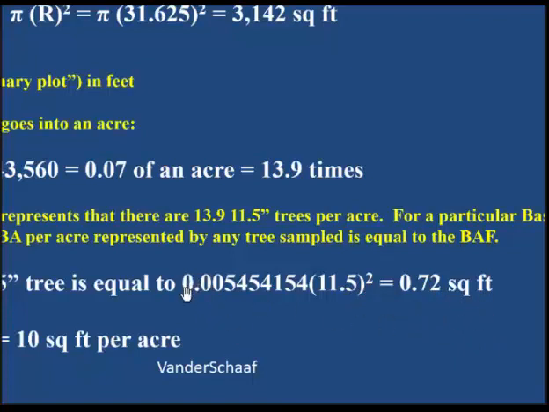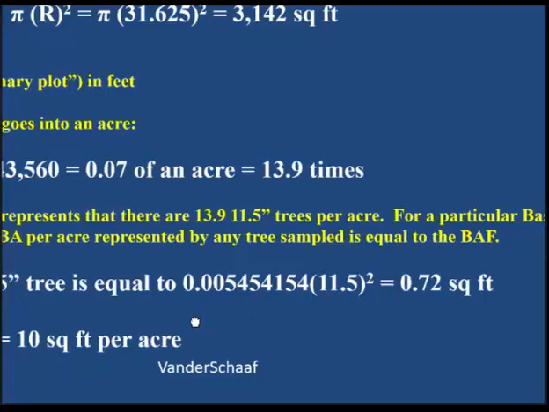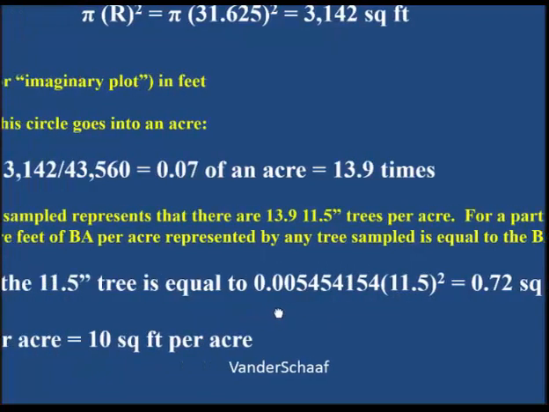Remember, this constant is taking us from diameter measured in inches to area in square feet. And therefore, that's our basal area: cross-sectional area at 4.5 feet above the ground in square feet, based on measuring diameter in inches at 4.5 feet. So that is 0.72 square feet.